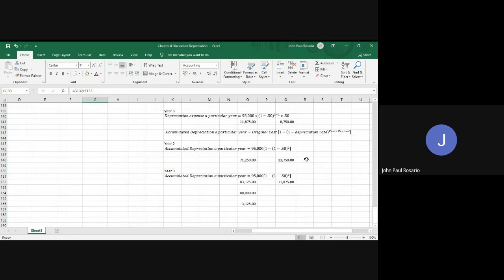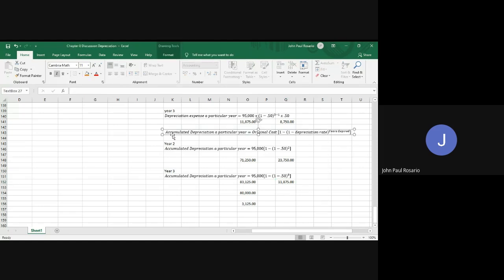Okay? So for your book value, guys, you can simply deduct your accumulated depreciation from your original cost to get your book value balance. But do I have a shortcut formula for book value?